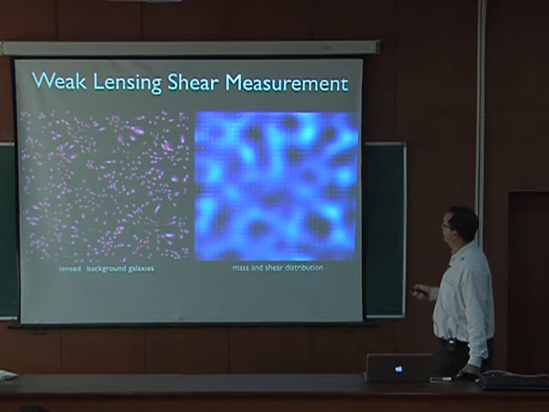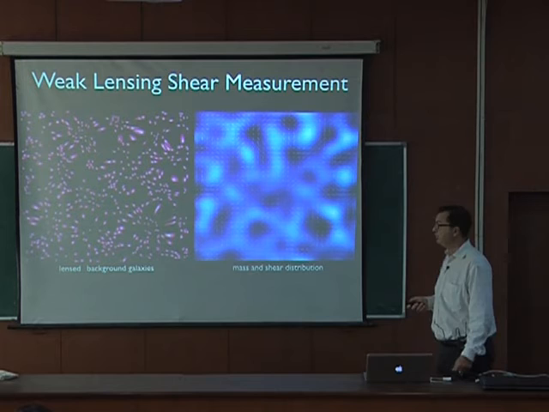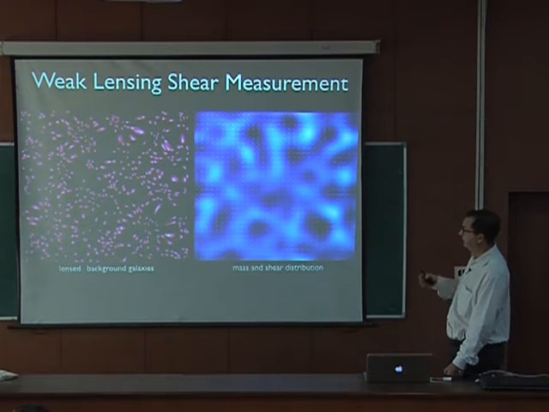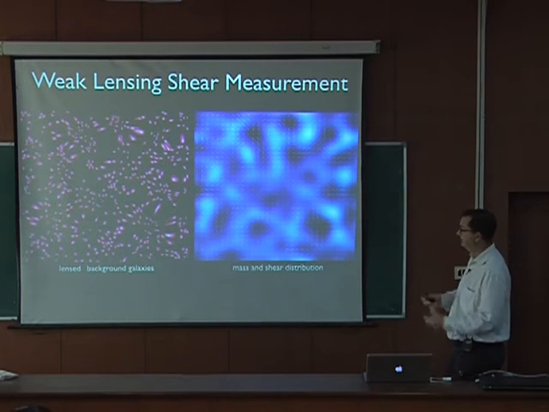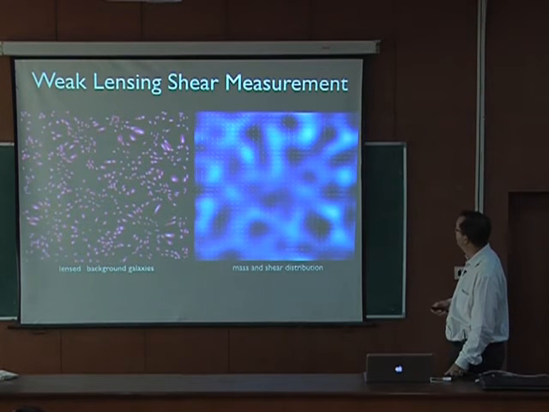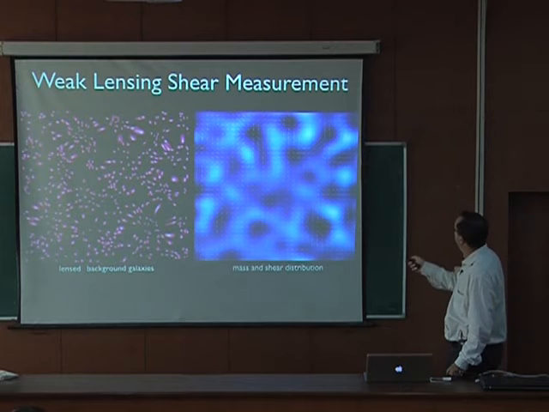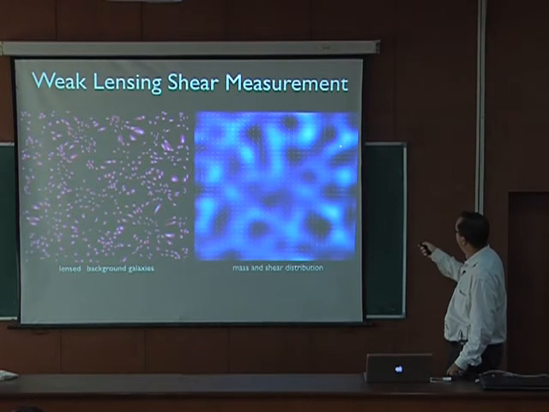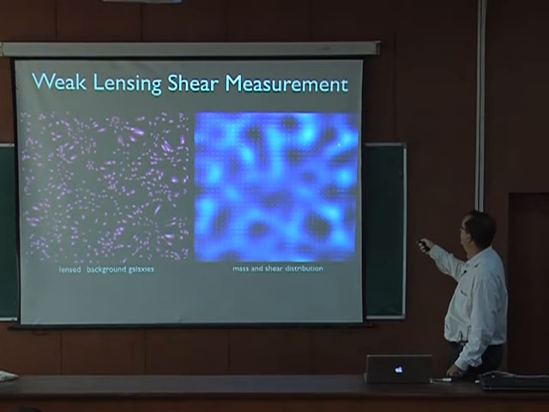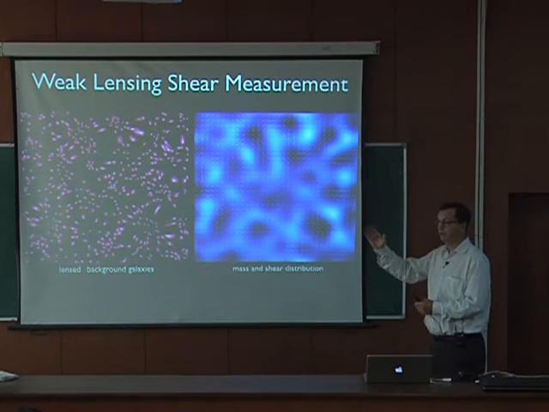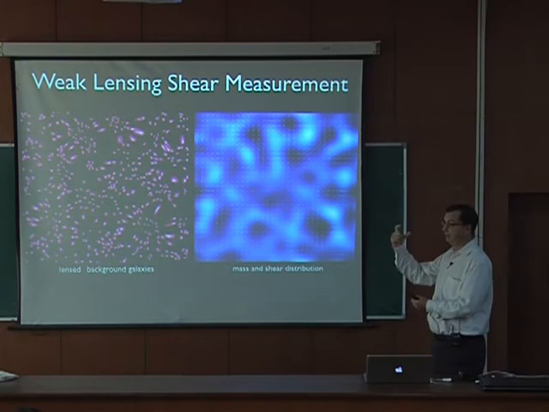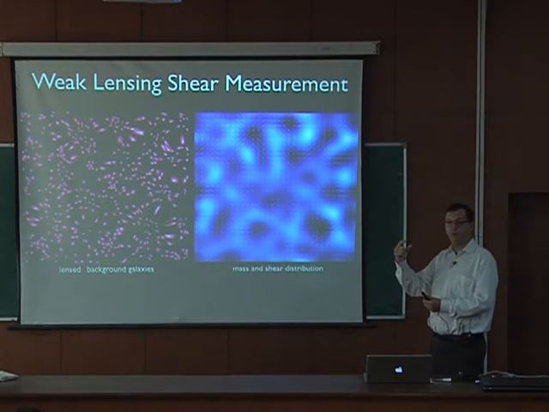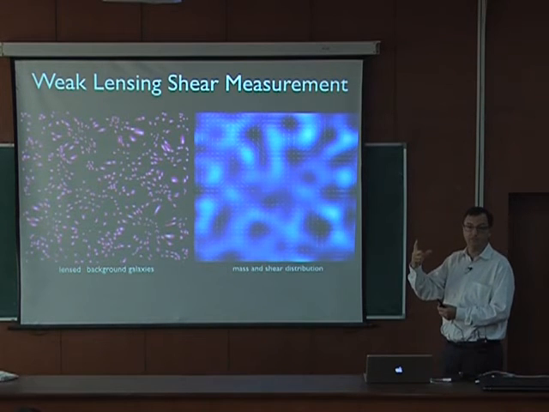Now, one way to represent this distortion, in particular the shear part of the distortion that makes the galaxies change their ellipticity, is to use a symbol for the shear. What we do is we also show on the map of the density the shear as a line segment that you see here, which indicates the direction of the distortion, and the size of the line segment corresponds to the strength of the distortion.